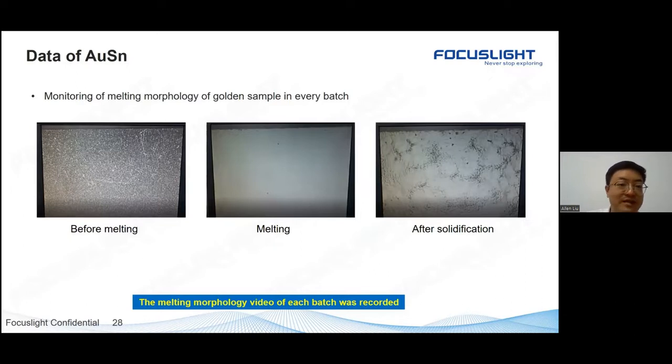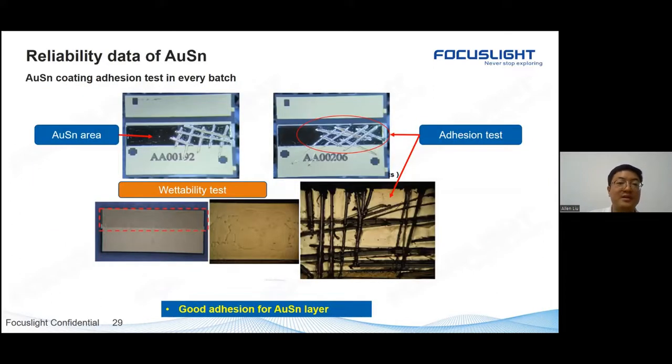So we need to monitor the coating, not only the thickness of the coating, but also the melting point. And we record the data for every batch. And even for some reliability tests of the coating, we do adhesion tests and wettability tests, every batch, every day, every equipment.